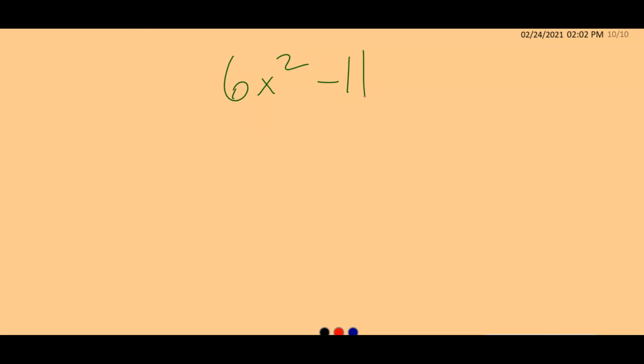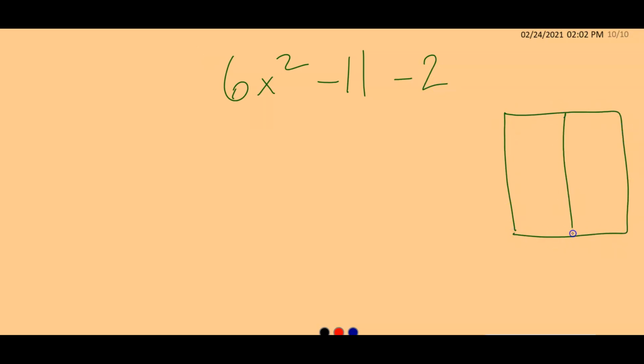minus 2. Okay, so for the area model, we are going to draw our box with our 4 little boxes. Remember that one of our binomials is going to be written along the side, and the other one is going to be written across the top. Over here, we're just going to put our 2 binomials.